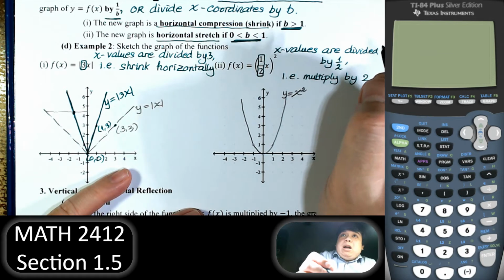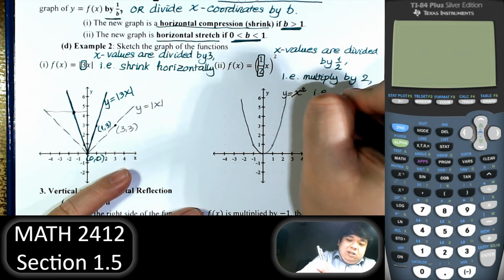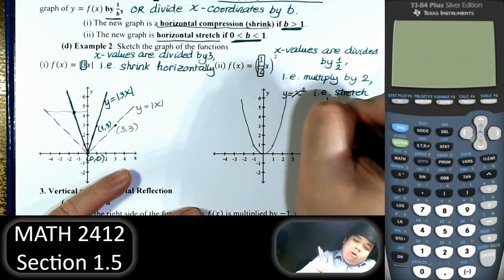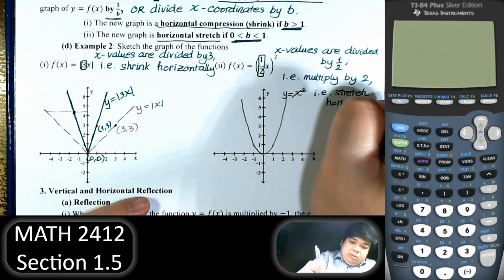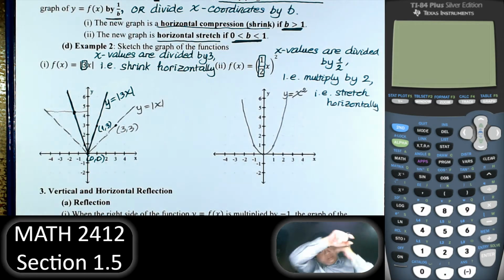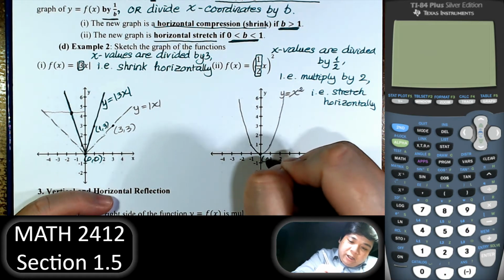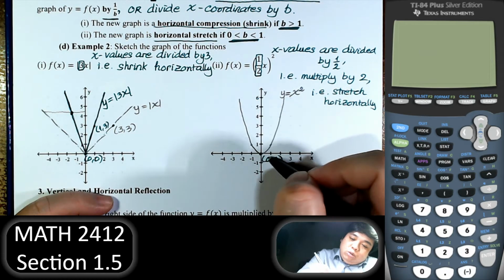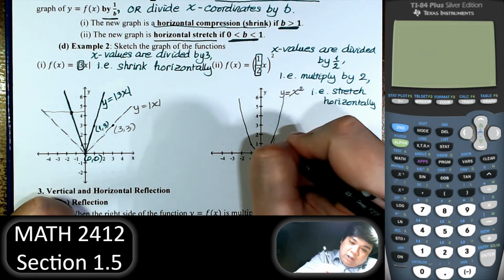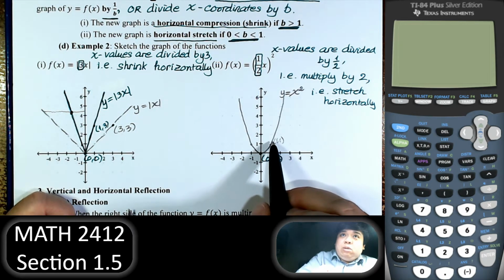If it is multiplied by 2, we get bigger. That means it stretches horizontally. Right. So first the point 0, 0. If we take the x value multiplied by 2, it's still 0. How about the point 1, 1? The point 1 and 1, the x value is 1 multiplied by 2.